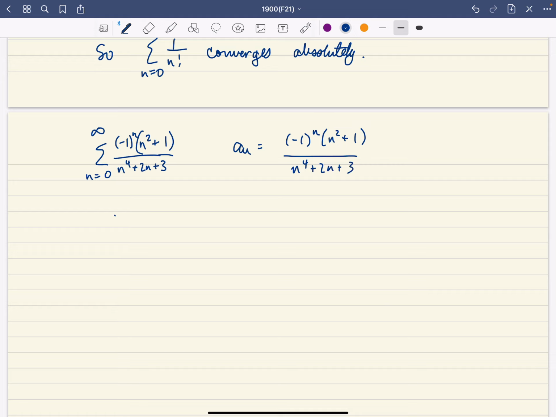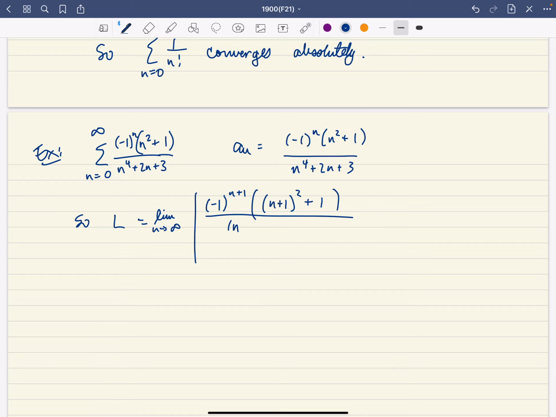Okay, and therefore L, so this is a new example, so L is going to be the limit as n goes to infinity of the absolute value of a sub n plus 1 over a sub n. We're going to look at a sub n plus 1, so that's negative 1 to the n plus 1 times n plus 1 squared plus 1 over n plus 1 to the 4th plus 2 times n plus 1 plus 3.